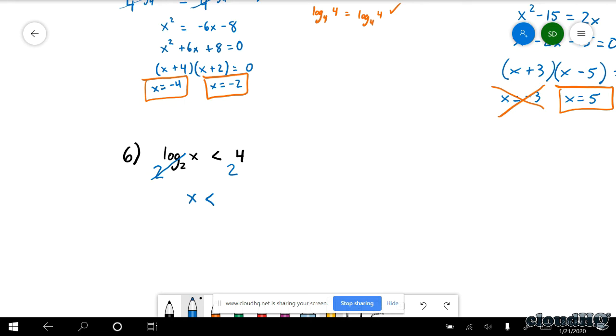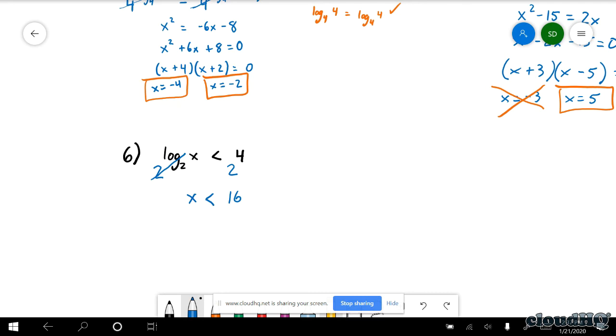Nothing canceled out. Go ahead and do the math. 2 to the 4th is 16. Seems easy enough, but because it's an inequality, there's an infinite number of answers. We're just saying everything less than 16. Is that actually correct? Does every number less than 16 work when you plug it in?